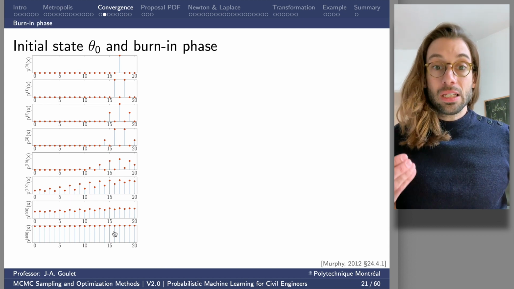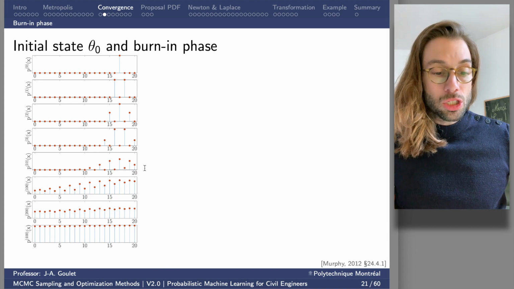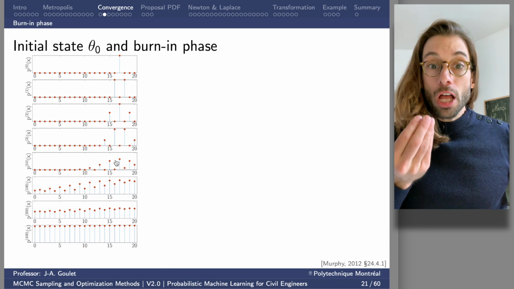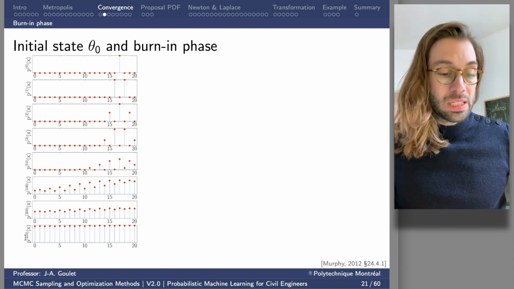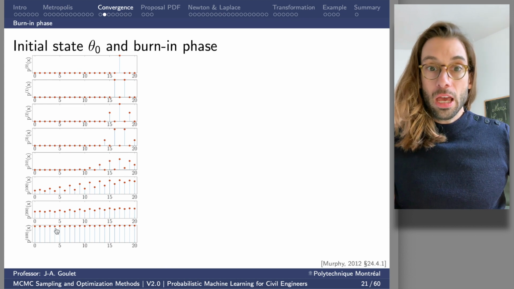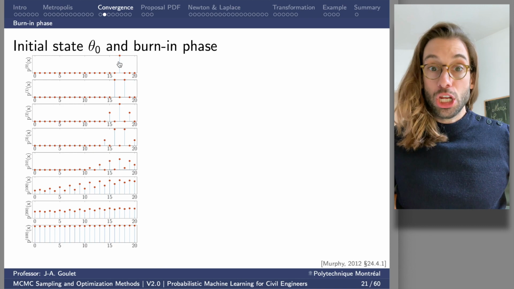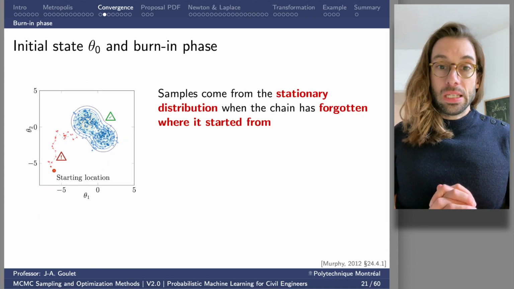This is crucial, so we must not stop sampling when we are in such a situation. Why? Because at the end, we're not going to have samples that are representative of the stationary distribution. We're going to have samples that are influenced by where I started my chain. This is the same thing with our MCMC sampling.